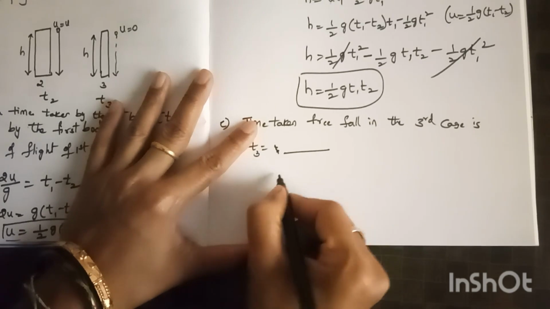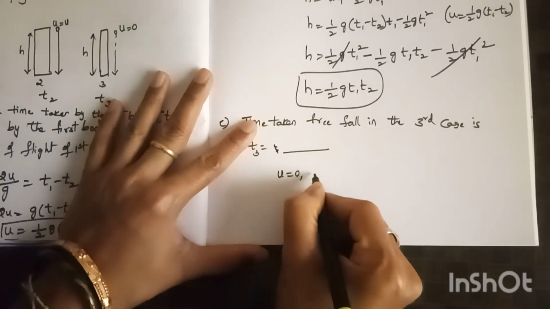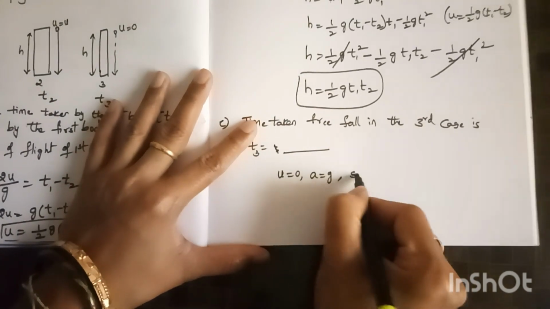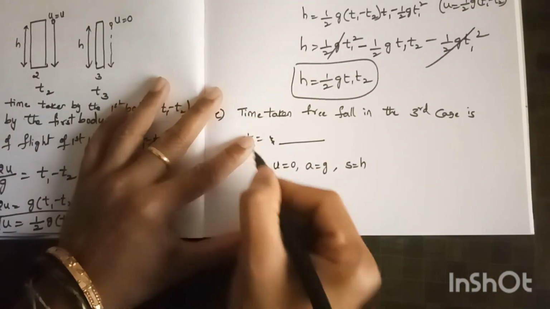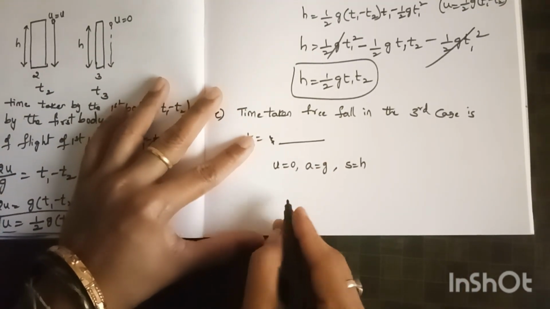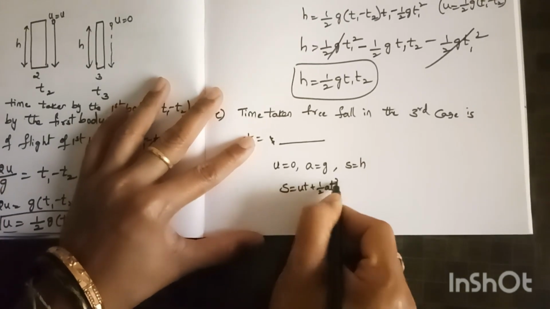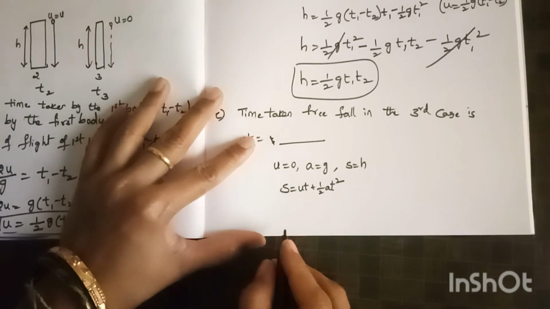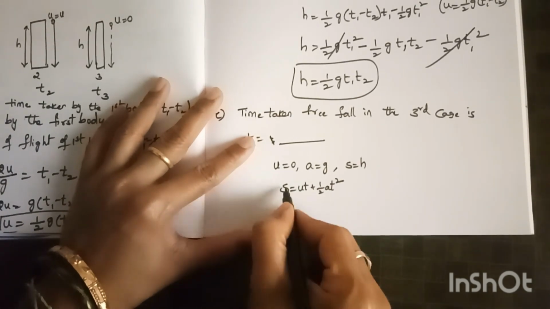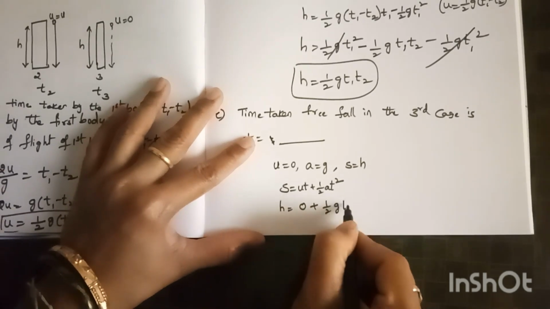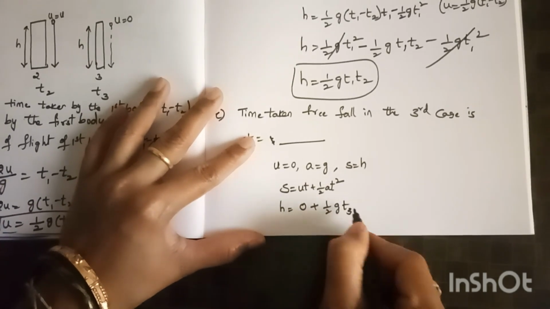As you all know, for a freely falling body, u equals 0, a equals g, s equals h here. So substitute in the equation s equals ut plus half at square. What is s here? s is h, u is 0, plus half g t3 square.